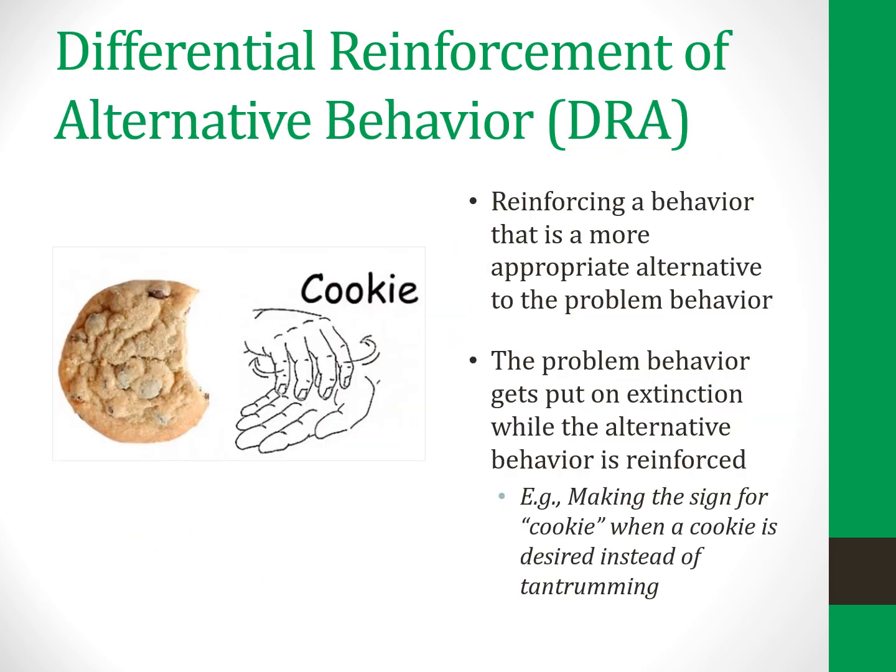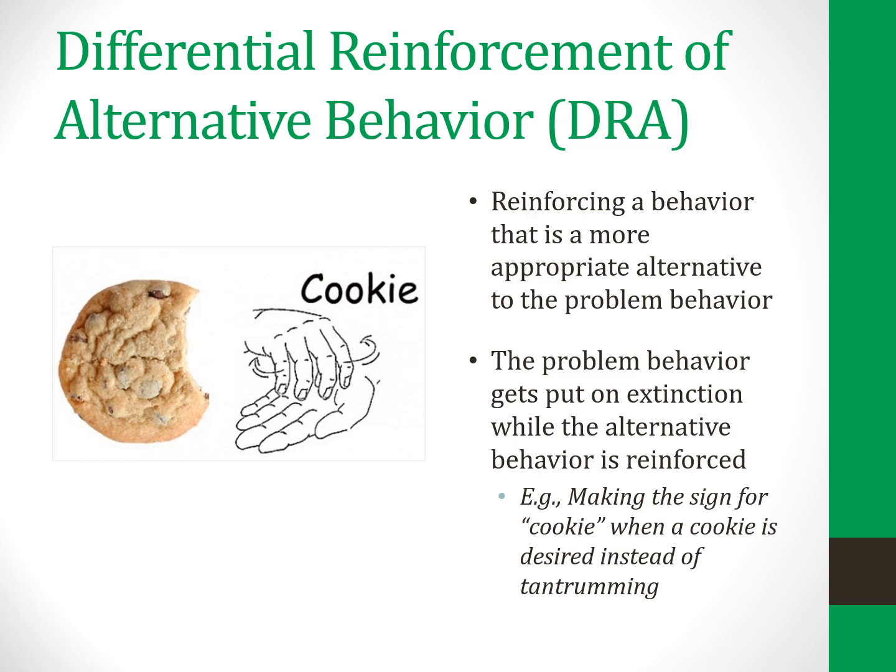Differential reinforcement of an alternative behavior. This is where we pick something that's maybe kind of similar to what the child's doing to get their needs met. So let's say that your child is climbing the counter and reaching for a cookie. What we might do is teach them maybe the sign for cookie, or teach them to say cookie when they want a cookie.